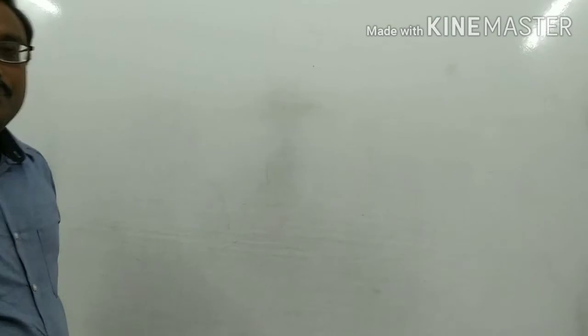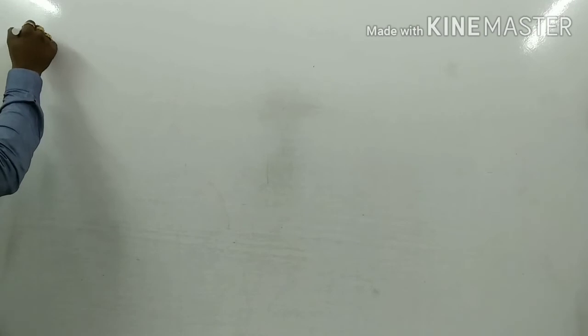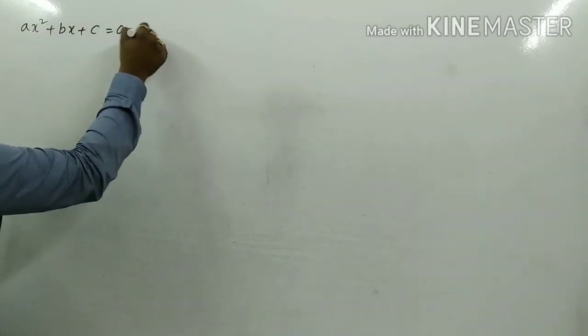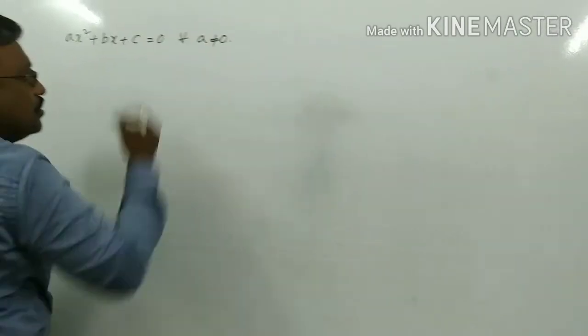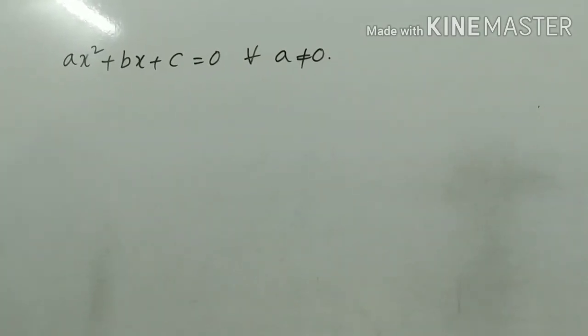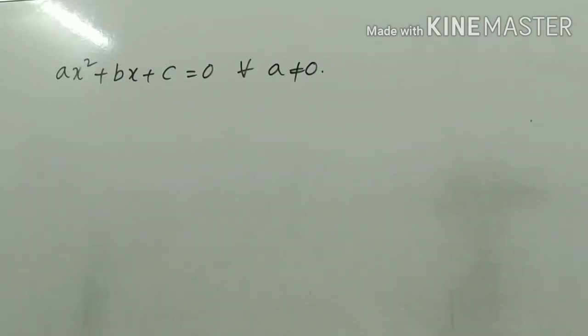Good morning, friends. Today we are discussing the formula method in quadratic equations. The quadratic equation is ax² + bx + c = 0 for all a ≠ 0. So how do we find the roots of the quadratic equation? By using a method that is more or less similar to the completing the square method.